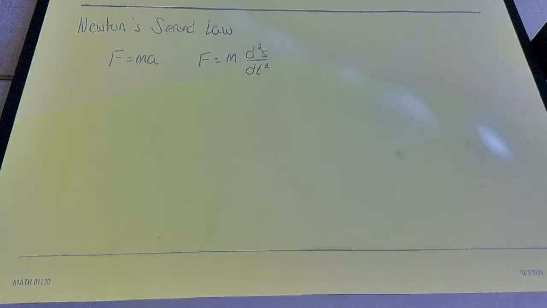There's the true form. Force is the change in momentum. Momentum is defined as mass times velocity. If you take the derivative of that with respect to time, what do you get?